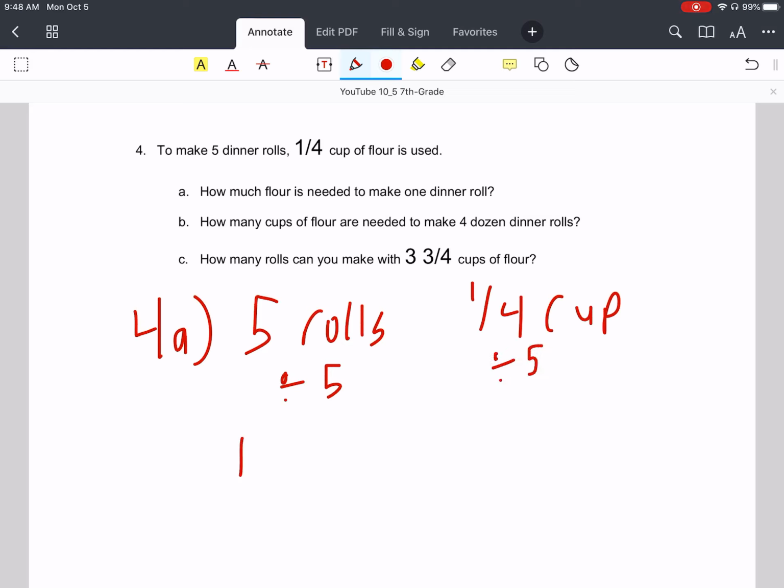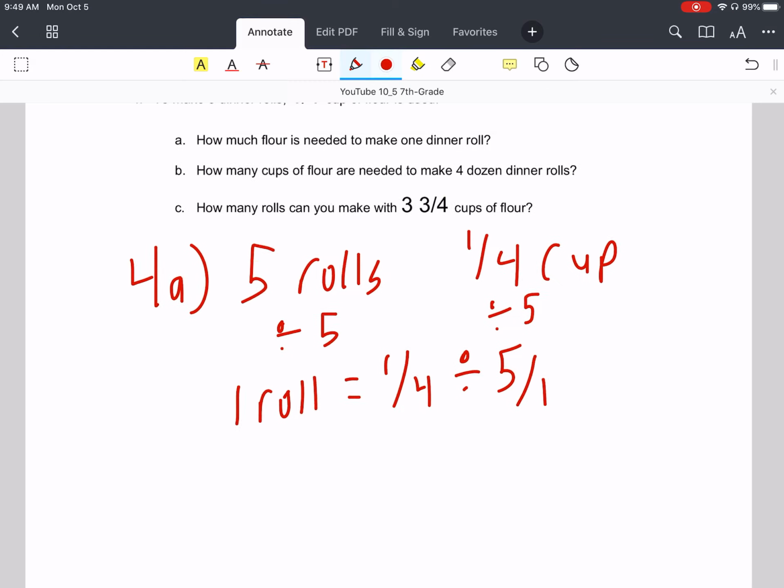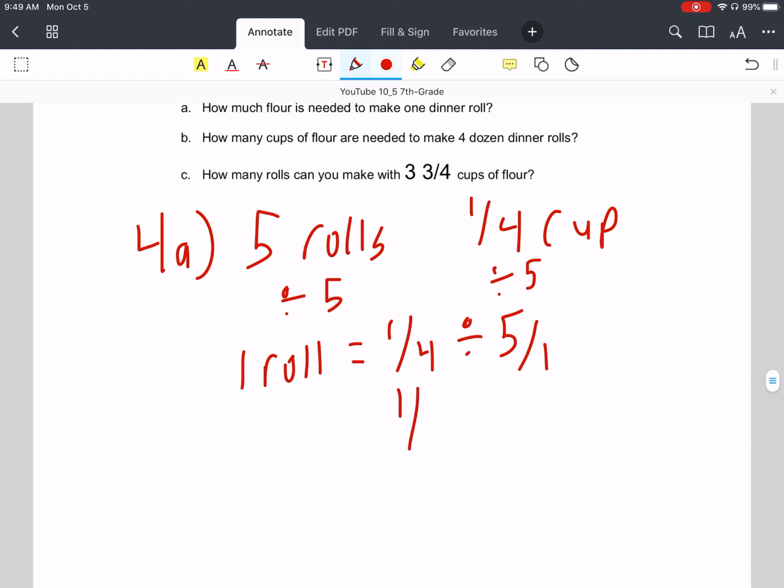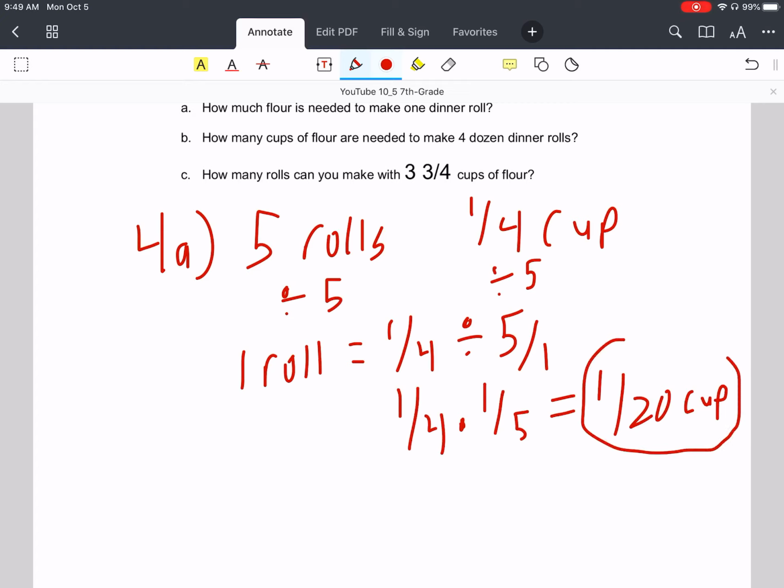So that'll leave us with 1 roll equaling 1/4 divided by 5. And we can think of that as 5 over 1. So we're going to make that 1/4 times 1 over 5, which equals 1/20th of a cup. So 4a is 1/20th of a cup.